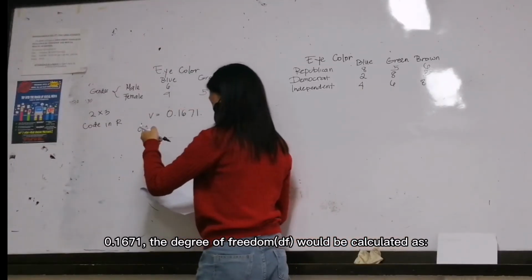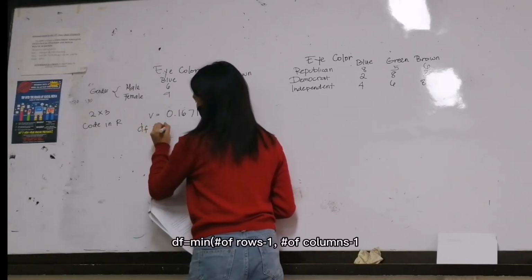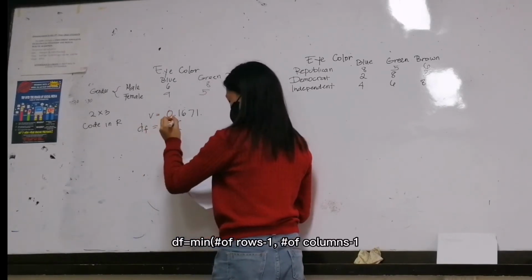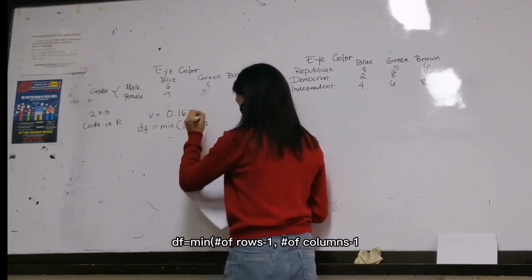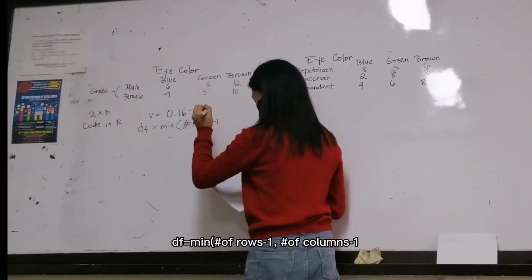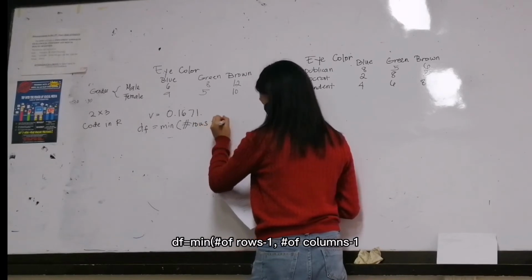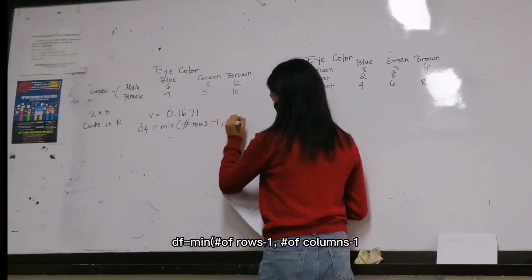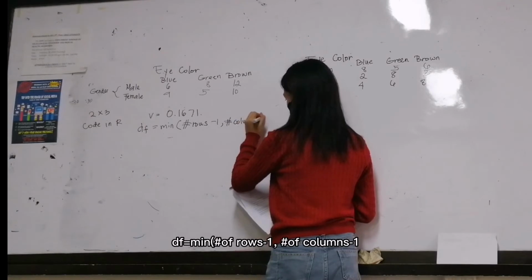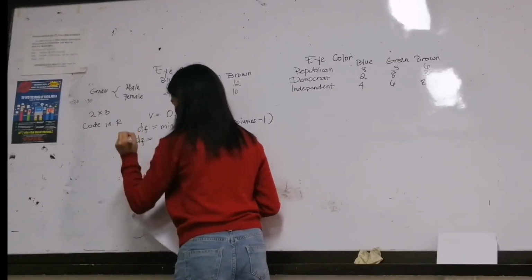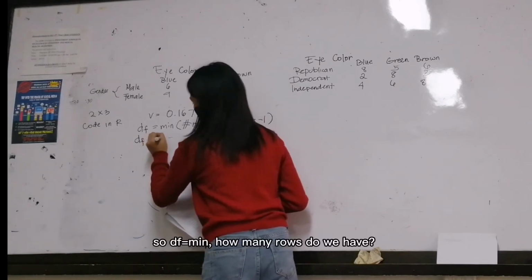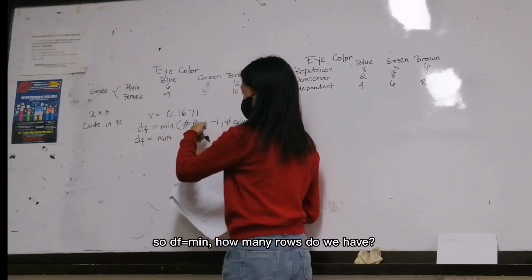The degrees of freedom would be calculated as the minimum of (rows, columns) minus 1. So, how many rows do we have?